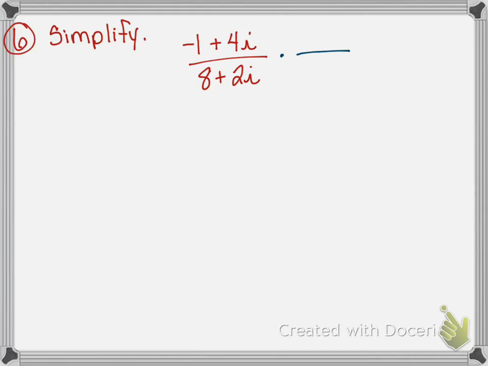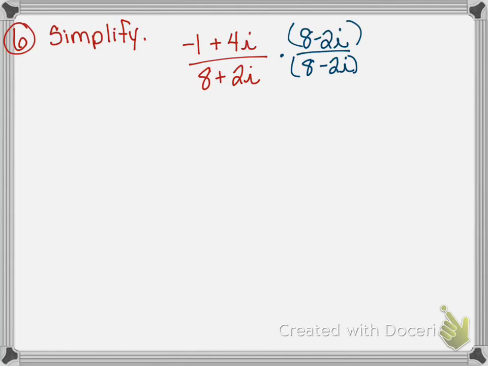The way that we get rid of that 8 plus 2i is we multiply by its conjugate. So I have 8 minus 2i right here. Now, if I'm going to multiply the bottom by 8 minus 2i, I also have to multiply the top times 8 minus 2i. So I'm actually going to FOIL the numerator, and then I'm also going to FOIL the denominator. So let's do that.